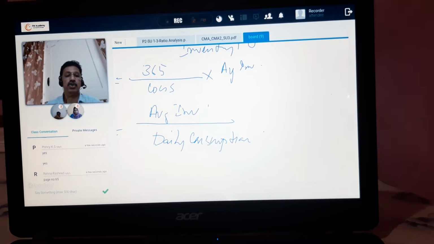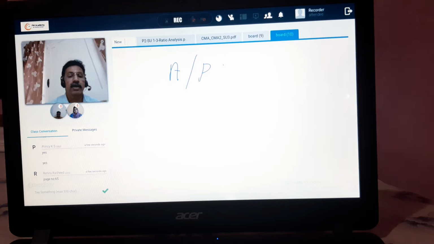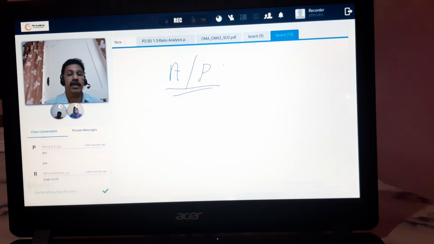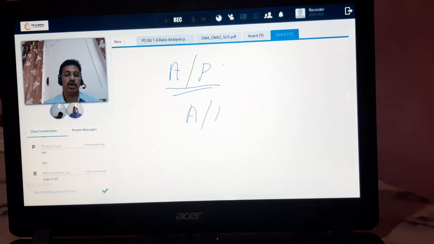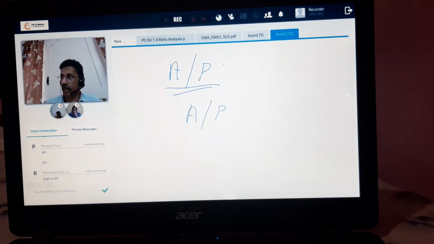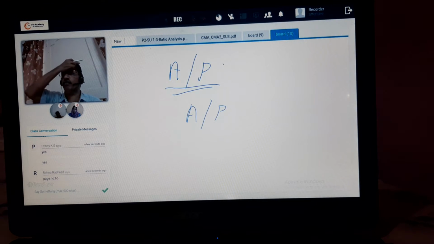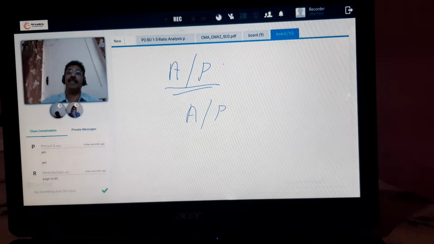Same way, let's do the accounts payable ratios. What is the accounts payable turnover ratio? What does it show on an average? How many times your accounts payable is turned over? For a given level of accounts payable liability, how much is the total purchases you can make?